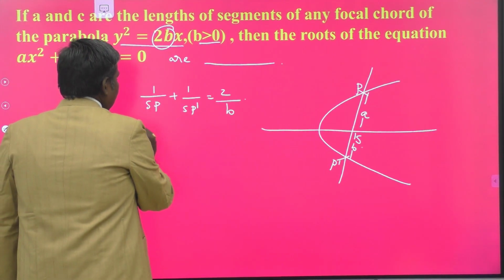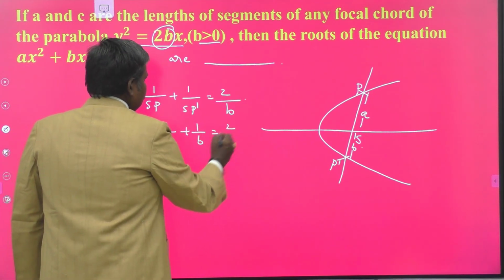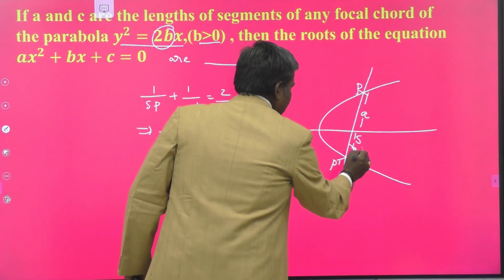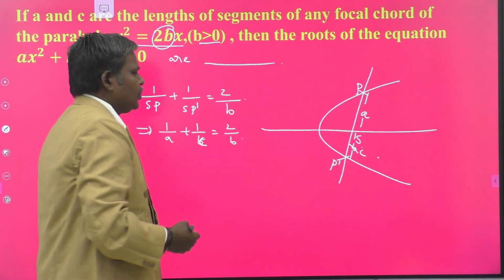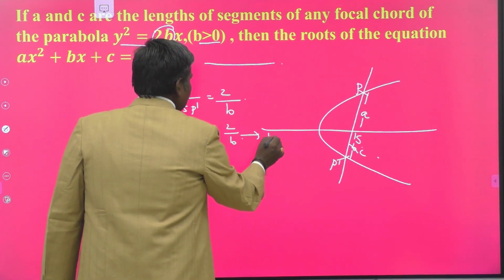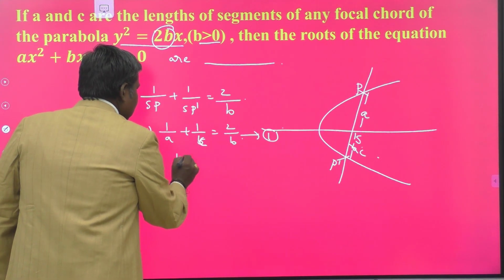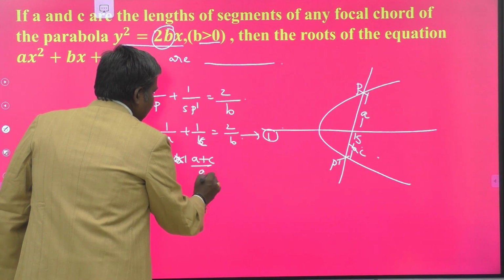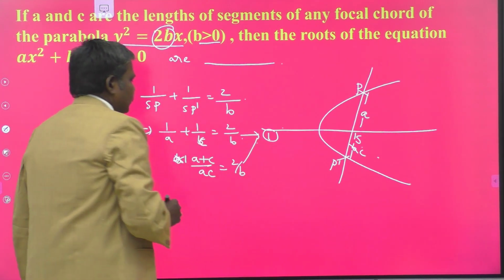Here SP is A and SP dash is C, so 1 by A plus 1 by C is equal to 2 by b. This is the condition you can use anywhere. That means A plus C by AC is equal to 2 by b. So this is condition 1.